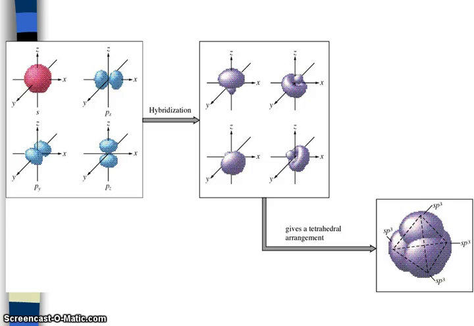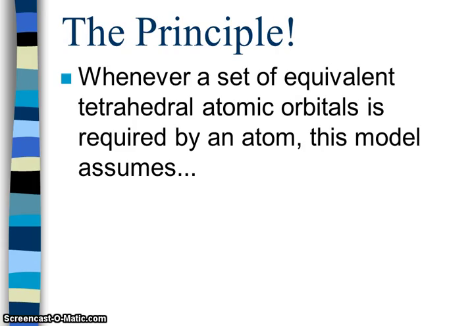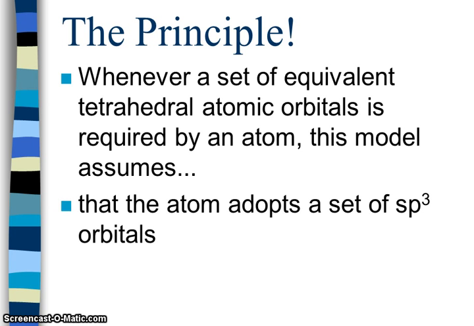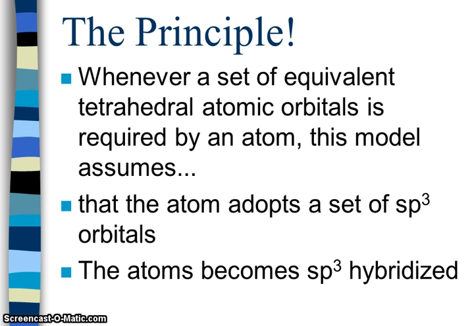It's kind of a melding together of our s and p orbitals, and that gives us a tetrahedral arrangement. So whenever a set of equivalent tetrahedral atomic orbitals is required for an atom, the model must adopt what we call sp3 hybridized orbitals, and we say that the atom has become sp3 hybridized.